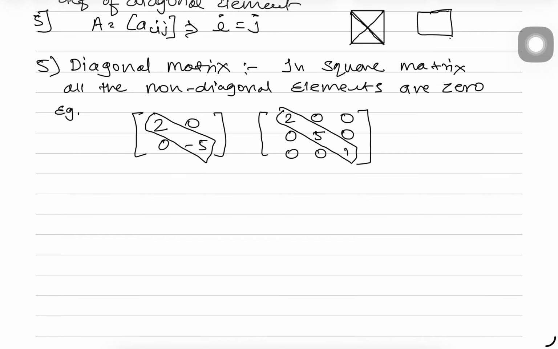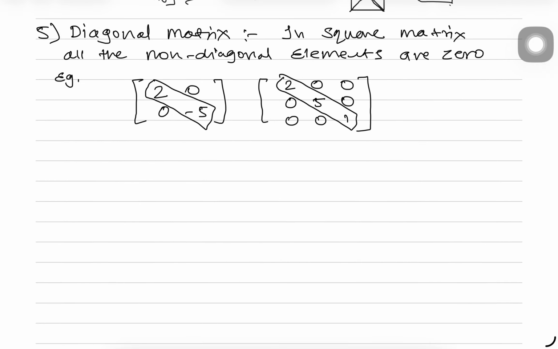So this is considered a diagonal matrix. We can represent the diagonal elements as 1 1, 2 2.